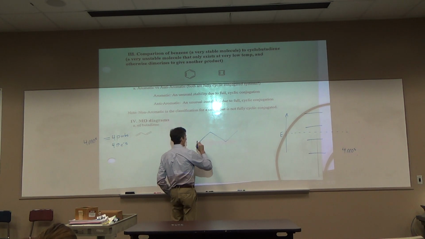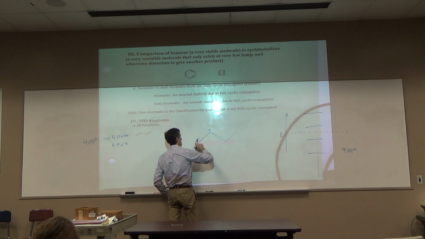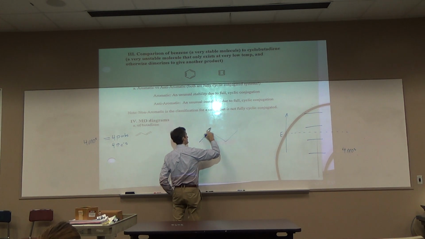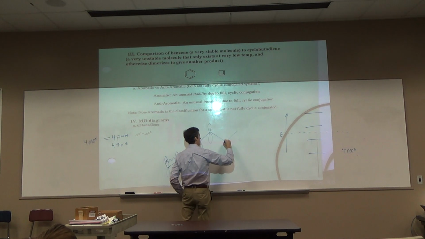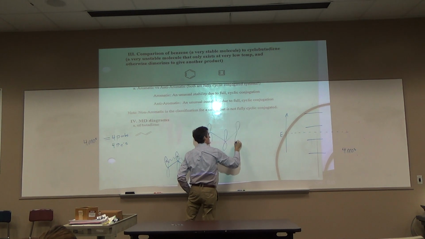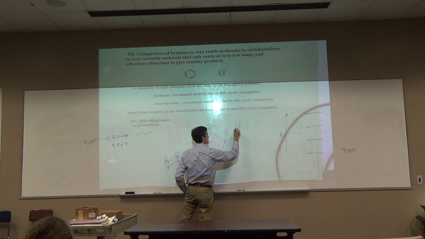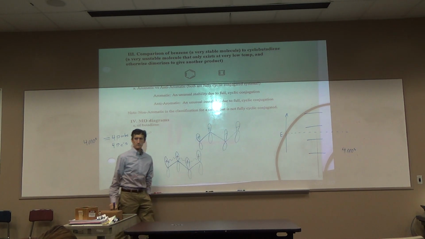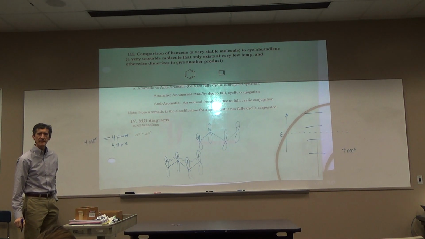Another way for them to interact would be plus, plus. Now I'm going to actually draw the orbitals. We need to do that a couple of times. Then we'll move to doing just signs. Plus, plus. But what if we call that minus and minus? What if these came together and interacted like that?